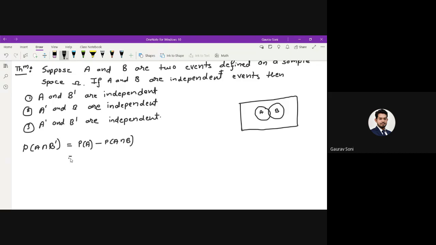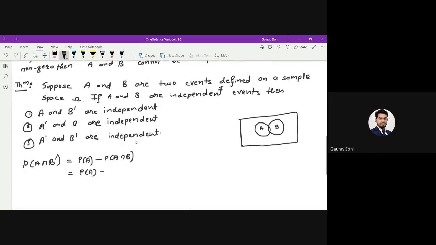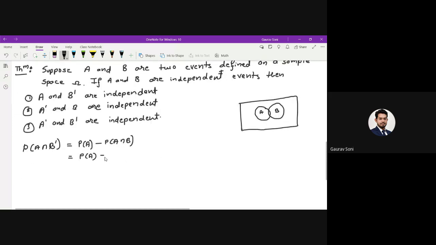But what do we have? A and B are independent events. So this will be equal to probability of A times probability of B. I can take probability of A outside.